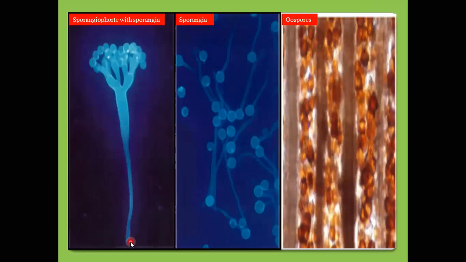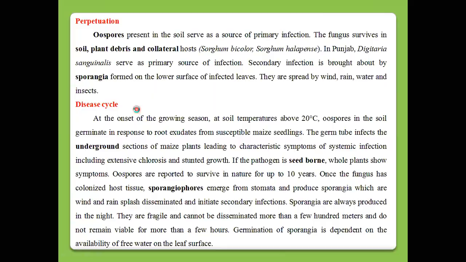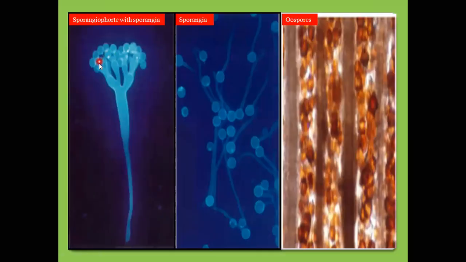Okay, so this is the sporangiophore, unbranched up to the 3/4 portion. The sporangia are developed at the tip of the sporangiophore. This is the papillate form of the sporangia produced at the tip.